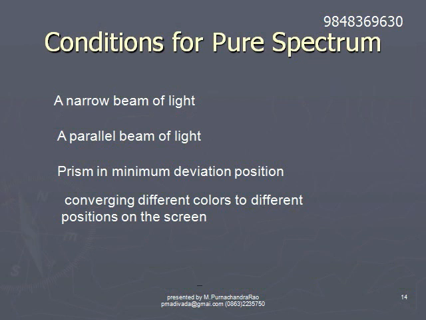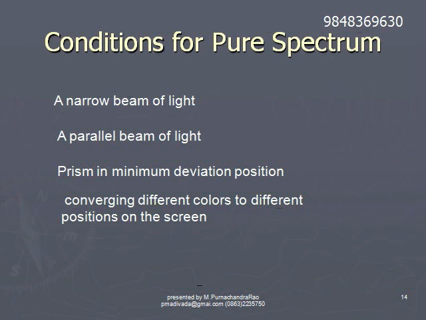There are certain conditions that are to be fulfilled to obtain a pure spectrum. Some arrangements must be made in order to get a pure spectrum. The conditions are a narrow beam of light, a parallel beam of light, the prism kept in minimum deviation position, and a converging lens that focuses different colors to different positions on the screen.